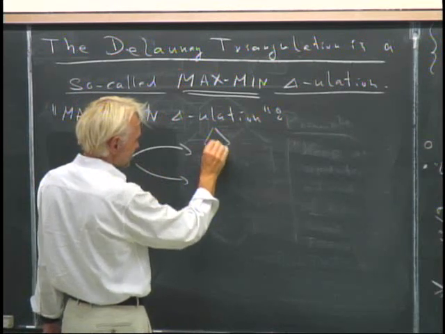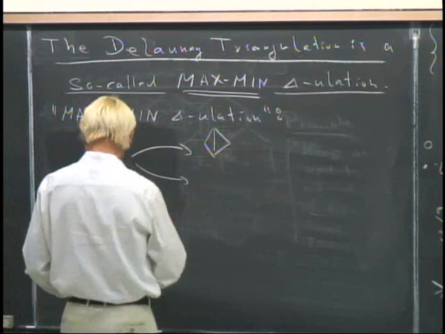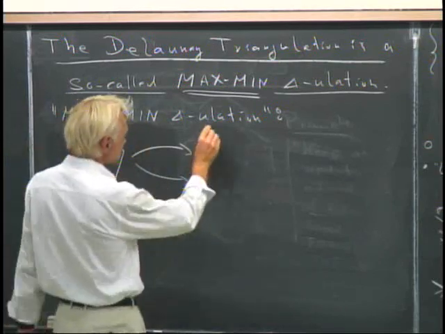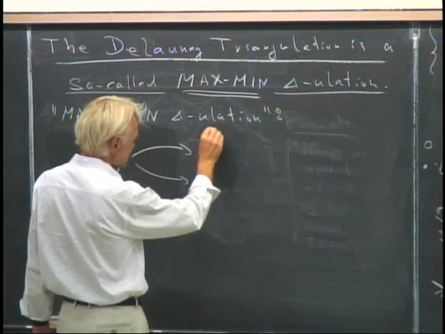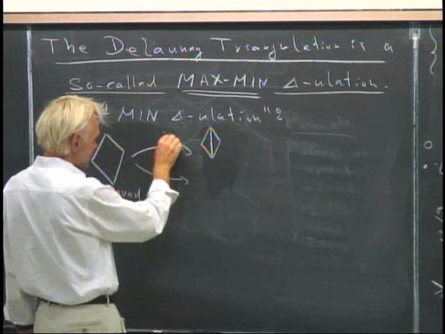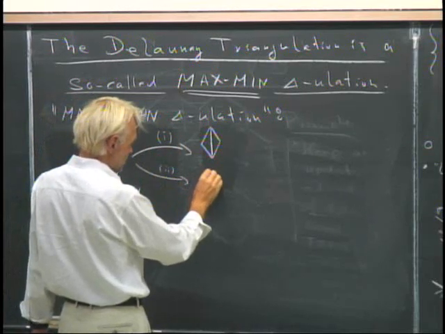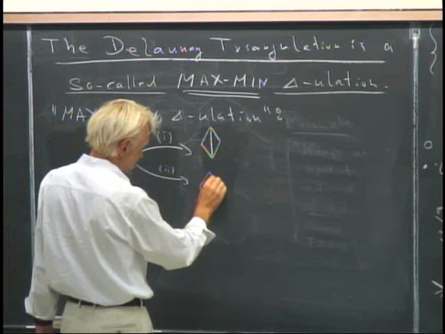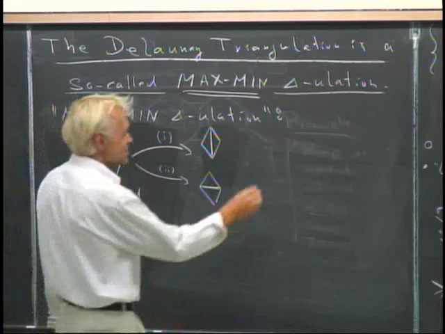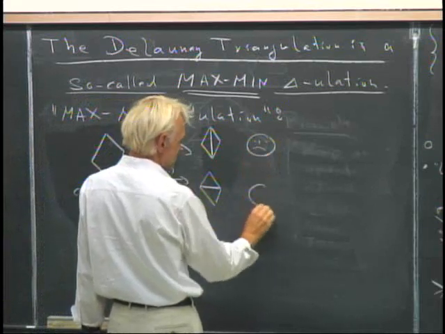I can either triangulate it like that, or I can, I should draw it more extremely. I can triangulate it like this, or I can triangulate it option 1, or I can use option 2. There are only two options, right? And the answer is, this is bad, and this is good, right?